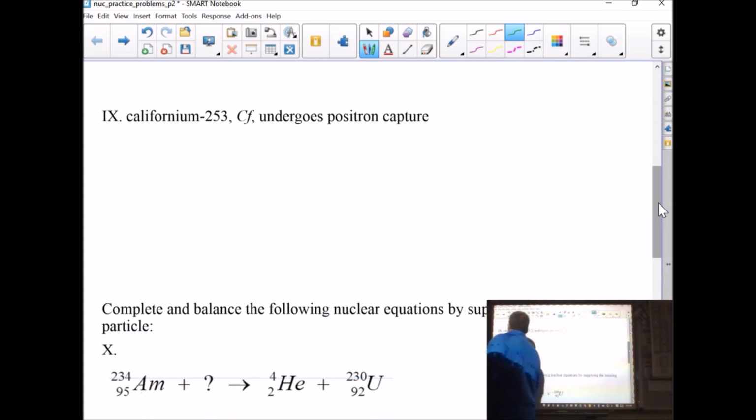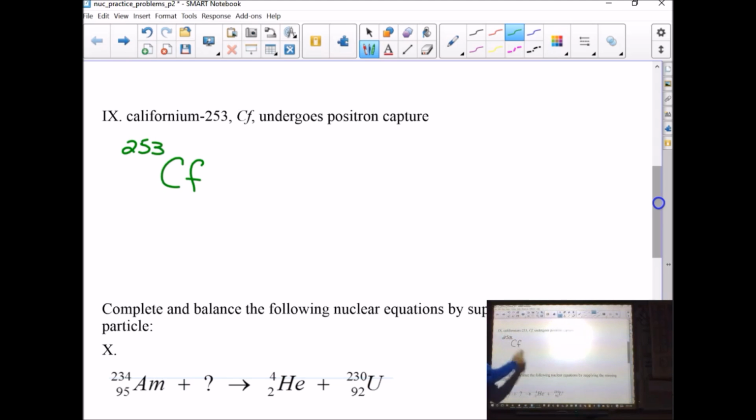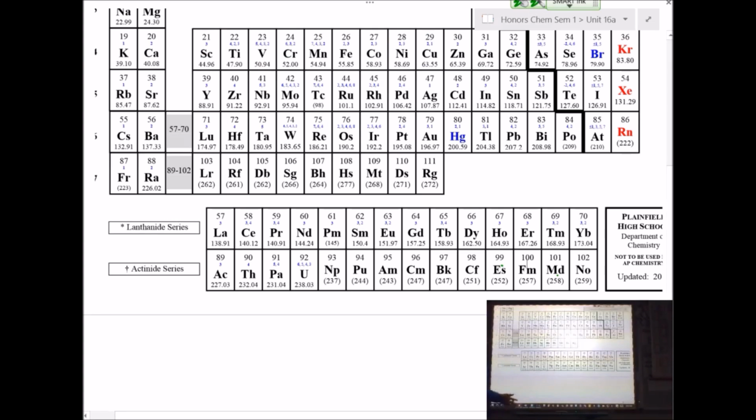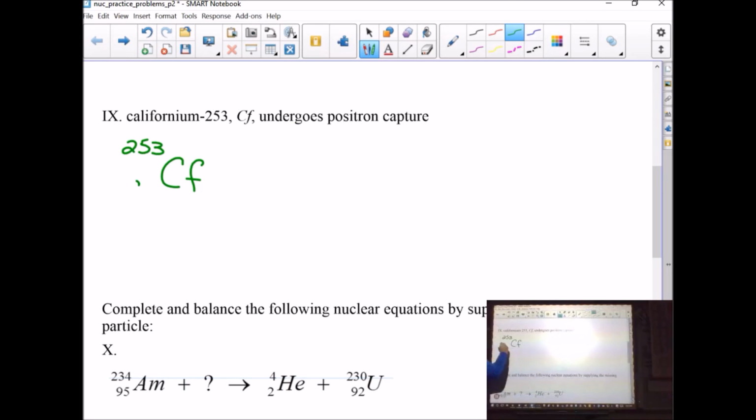All right, Californium, good old CF. 253, what is it? Californium, number 98. 98 there. And it says that it undergoes positron capture. So what does that mean? A plus sign or an arrow next? Plus sign. And what is a positron?